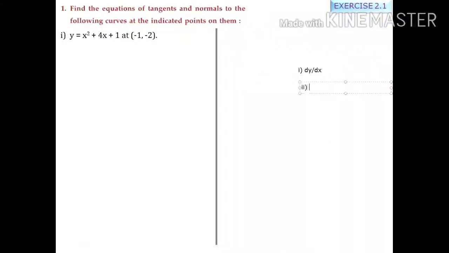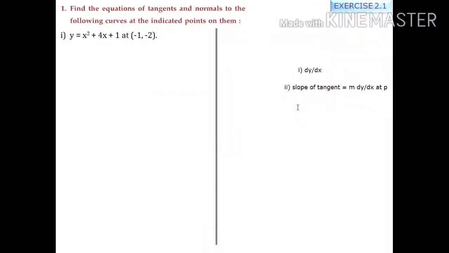After that, the second step is the value of the slope m, m for the slope of the tangent. The slope of the tangent is equal to m, which is obtained from the value of dy by dx at that particular point. So we write dy upon dx at point P. Is it clear?